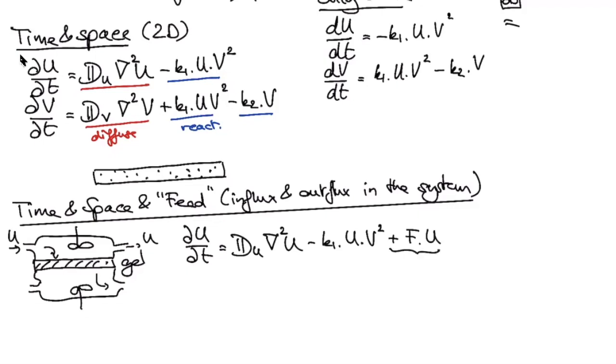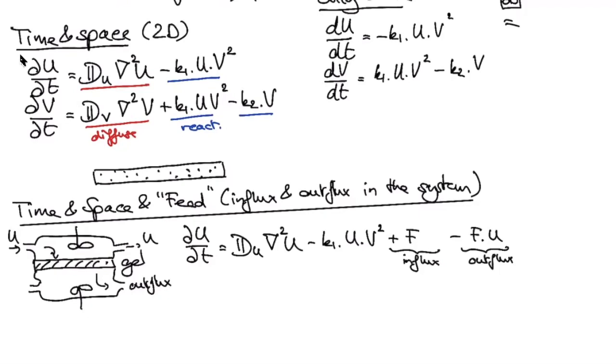Sorry, this is not times u, because the influx is concentration independent. It is just a rate of influx. And I'm also losing u because at the bottom I have the outflux, so minus f times u.